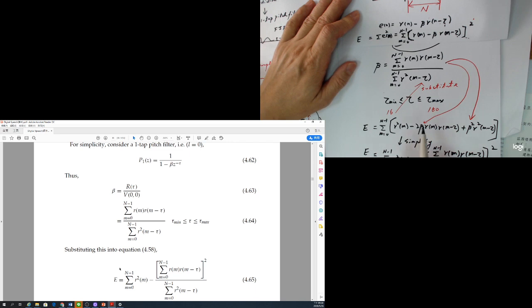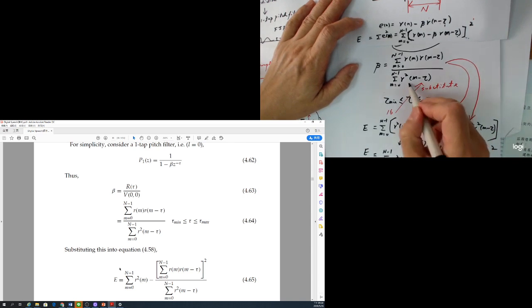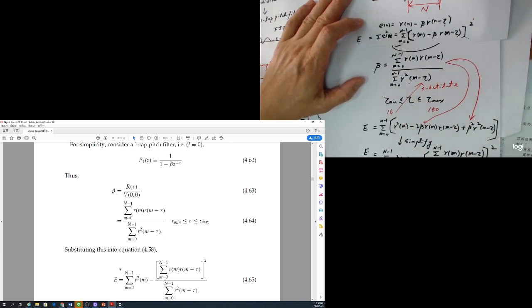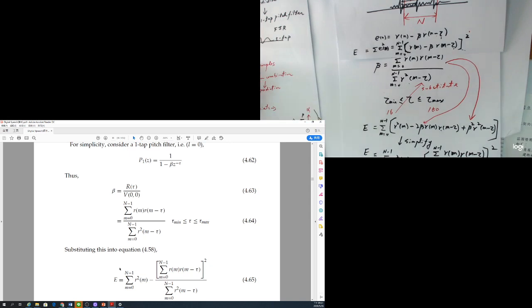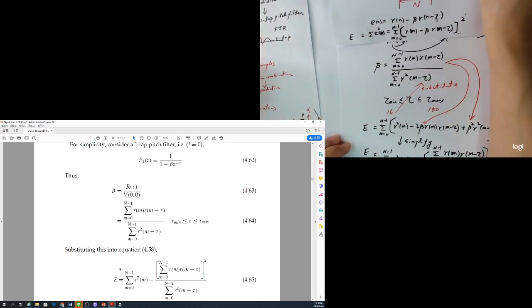Because you can see this one multiplied by this one becomes the square, and beta also has a denominator. So you can also see m summation n equal to 0 from r squared m minus tau. So that one just gives you an idea.